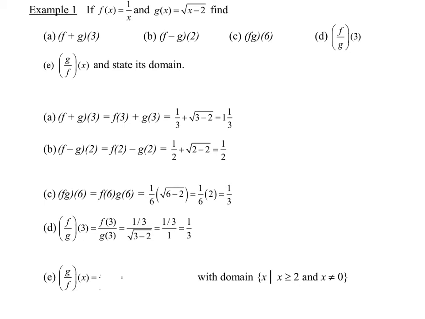So we're going to get the square root of x minus 2 over 1 over x. Now that sounds a bit strange, but if we try it, we'll get g of x over f of x, followed by square root of x minus 2 over 1 over x.